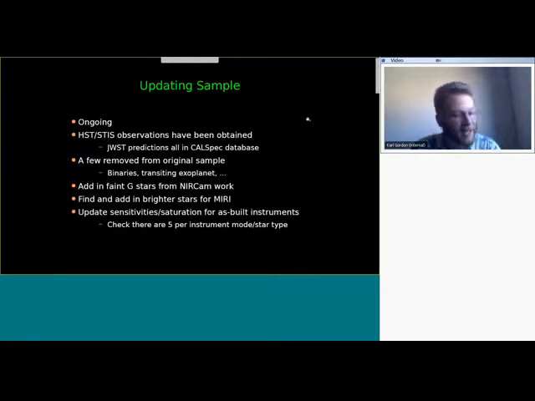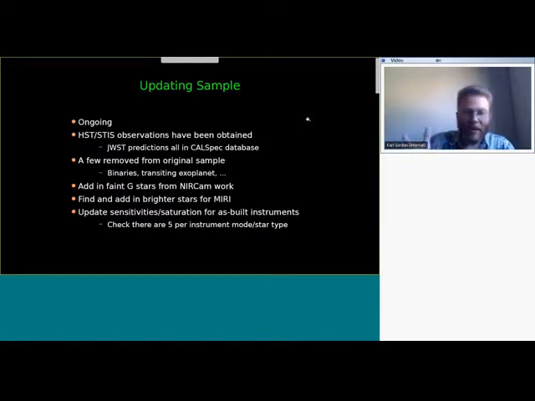Some of them we revealed to be binaries based on HST measurements, or exoplanets, you know, found since we put them in the sample. Added G stars for the NIRCam work. Added in brighter stars for MIRI, and as I said earlier, updated the sensitivities for the instruments. And then make sure we still have our target of 5 per instrument mode per star type.